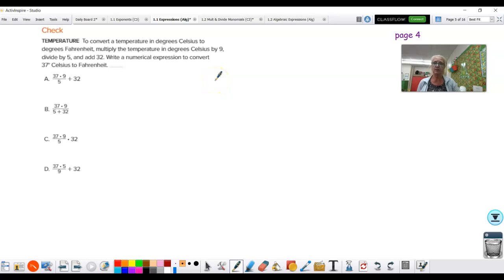All right, so going back into the word problem, they've given us 37 Celsius. The word problem says to do this, you multiply the temperature in Celsius by 9. So I'm going to have 37 times 9, divide by 5, and add 32.